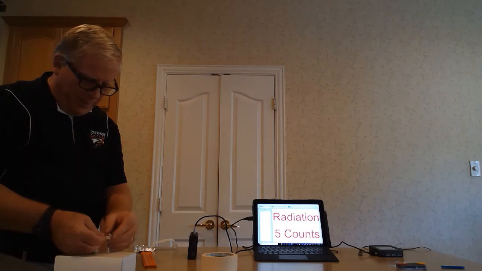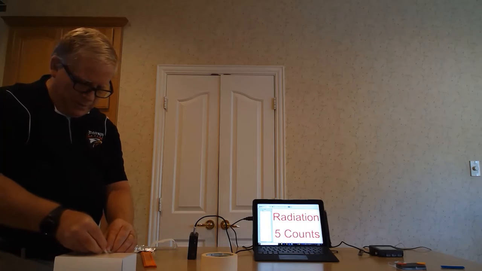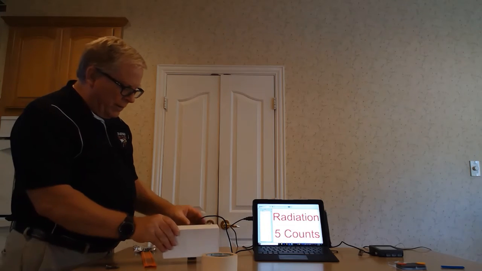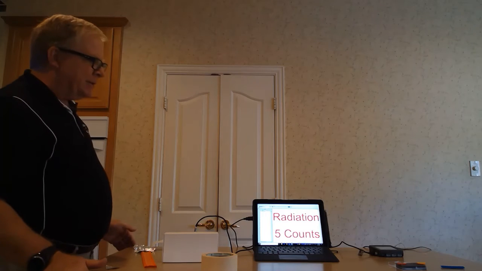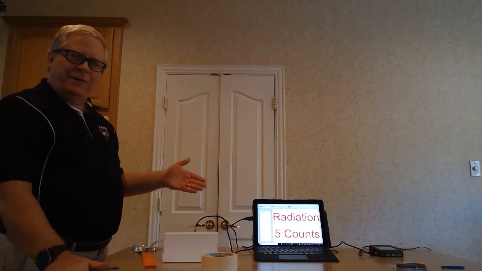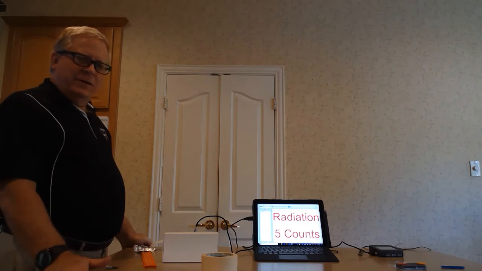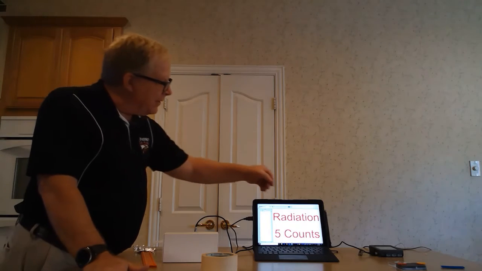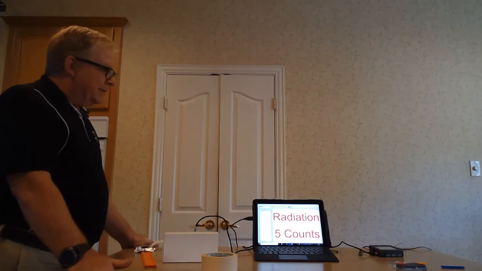Just make sure it's at the very bottom of this box, and then we'll hold it up right here. Looking at it, it looks like it's in the same position. I think you can hear from the counter that it definitely has more beta particles than the alpha emitter had alpha particles. Let's go ahead and press start though. We'll collect, and we'll see what happens here.